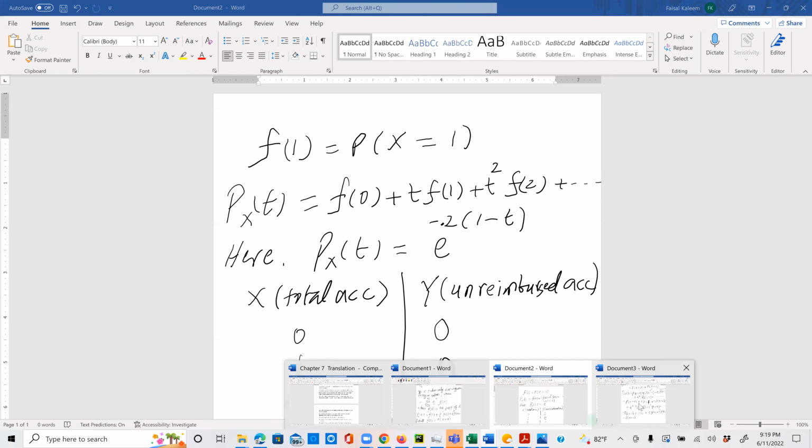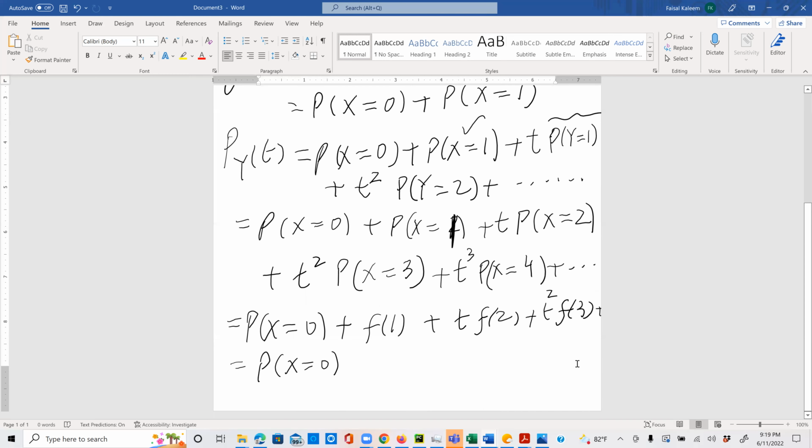The issue here is we are off by 1 power. So with t power 1, we have f of 2. With t power 2, we have f of 3, and so on. So what we will do is, to take care of that, we will do 1 over t.